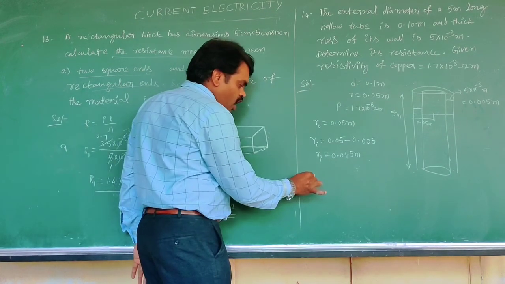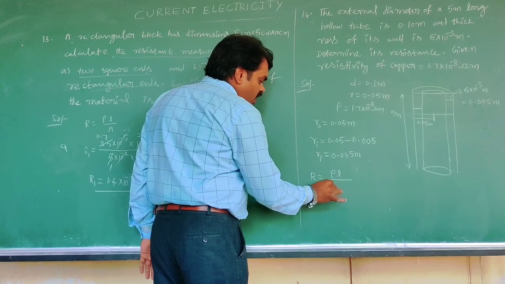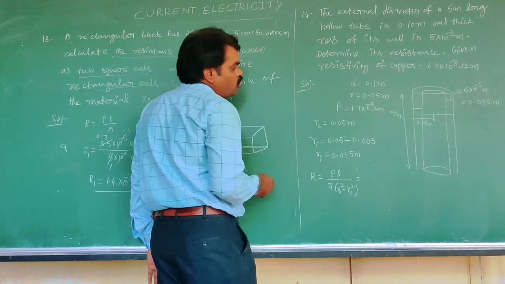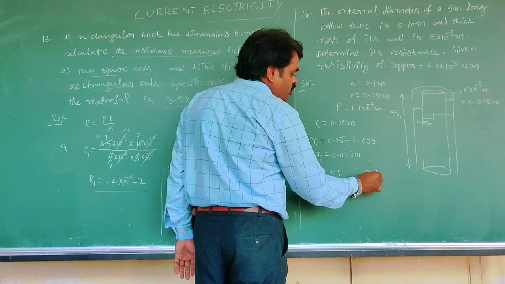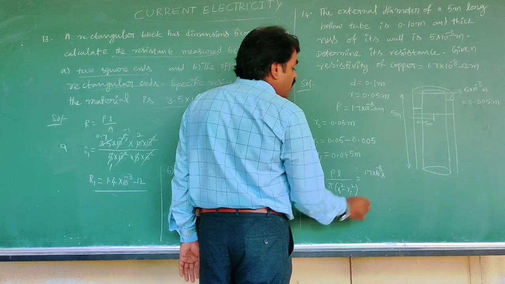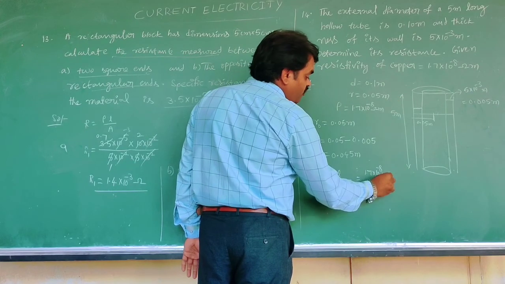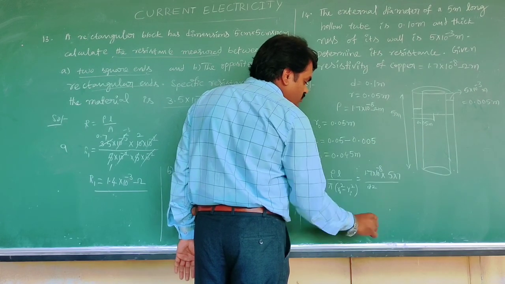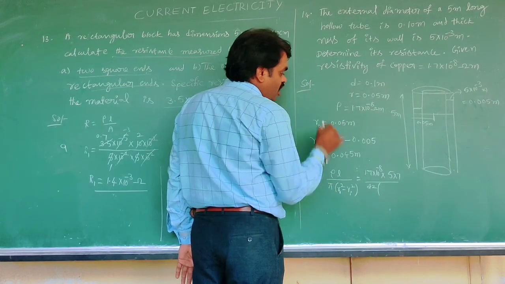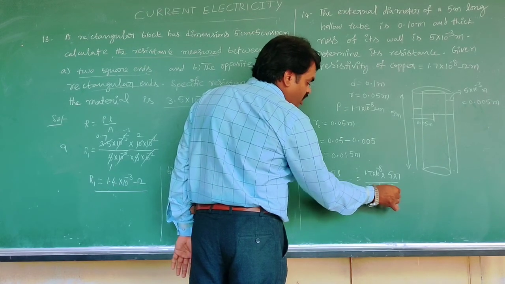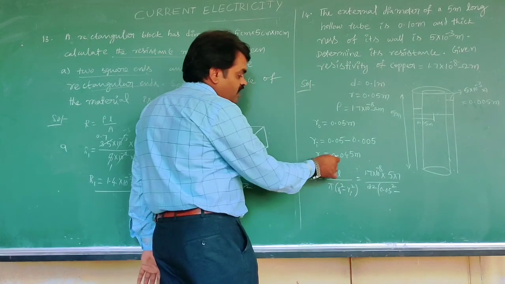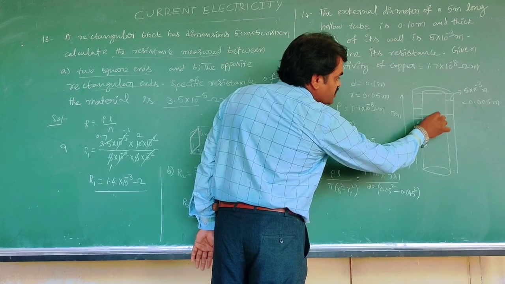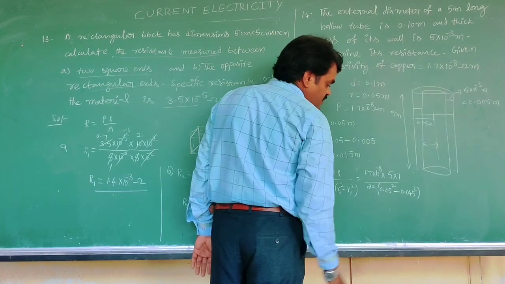The formula for a hollow cylinder is R is equal to rho L by pi into (R0 square minus Ri square). Then we substitute rho as 1.7 into 10 to the power of minus 8, into L, the length of the cylinder, 5, by 22 by 7 into outer radius 0.05 whole square minus inner radius 0.045 square.